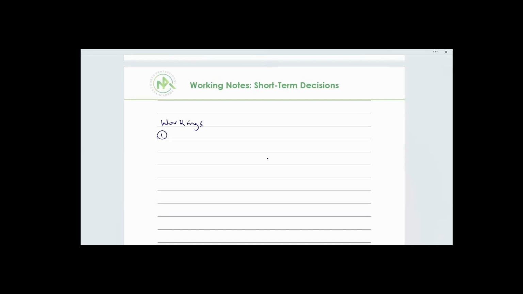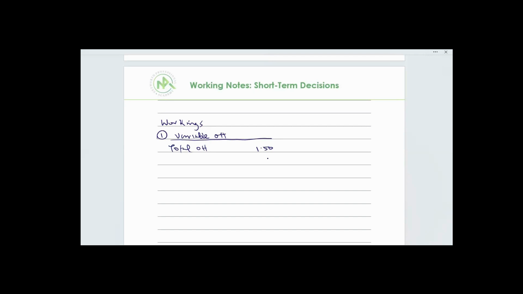Working number one, I want to determine variable overhead. To get the variable overhead, I will pick the total overhead. Examiner has told me that total overhead is 1 naira 50 kobo, and I said that this total overhead is irrelevant. Only the variable overhead is relevant.